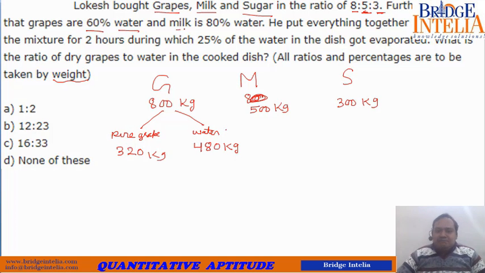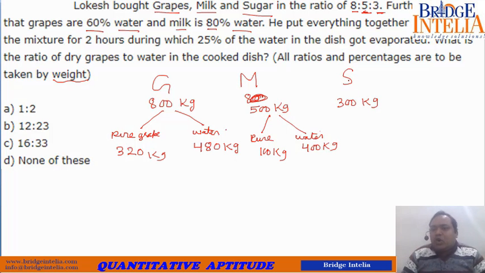Also, milk is 80% water. So in milk, 80% is water, that means 400 kgs, and the remaining pure part is 100 kgs. Sugar, there is no water.